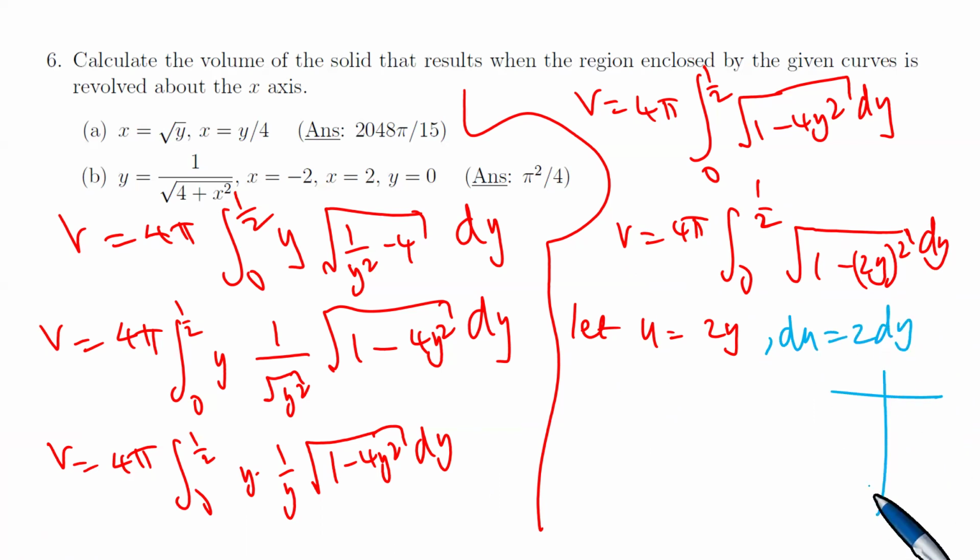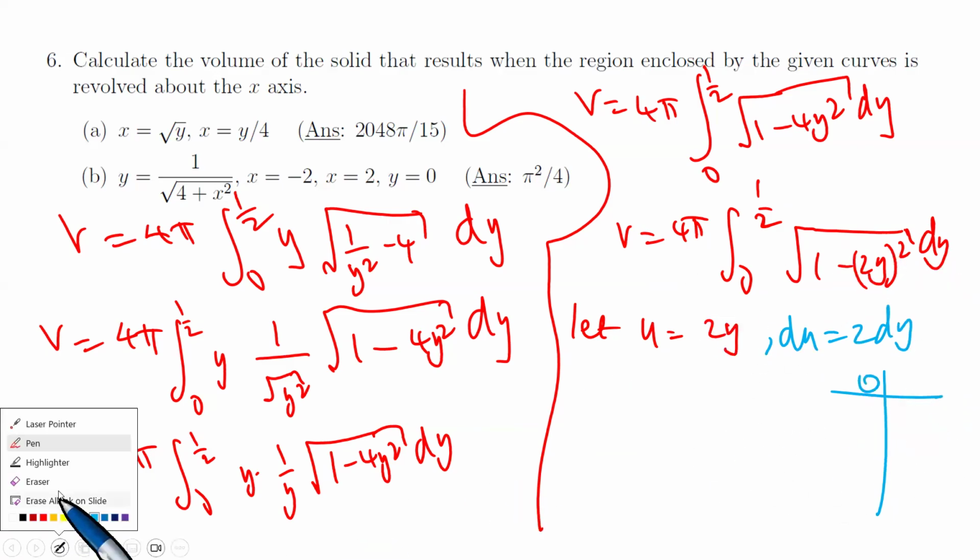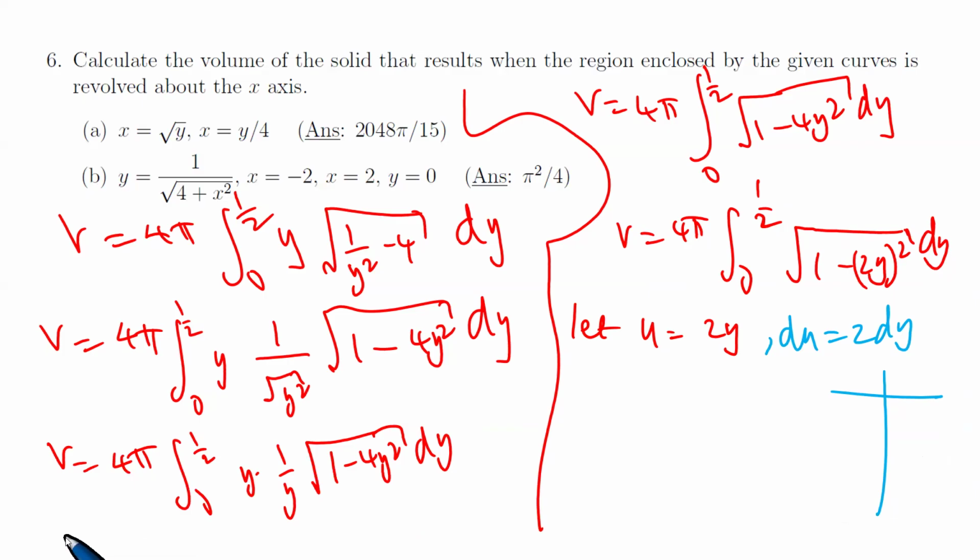The easiest method was the disk method because the region sits on the given axis. But okay, you change the variable from y to u. Y is from 0 to 1/2, so u, which is 2y, goes from 0 to 1.